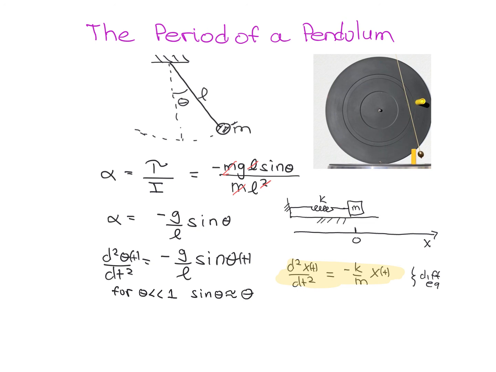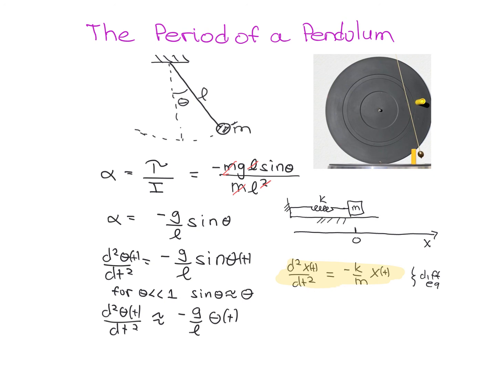So if we're willing to make the approximation that theta is small compared to 1, then for the pendulum, it should at least be approximately true that the equation that governs its motion is really mathematically identical to the equation for a mass on a spring.